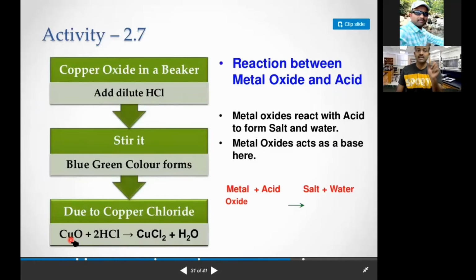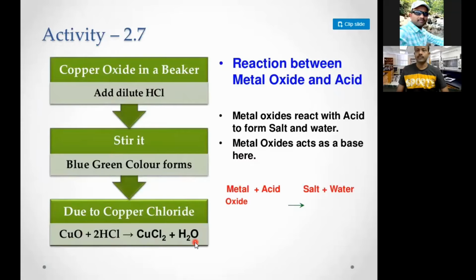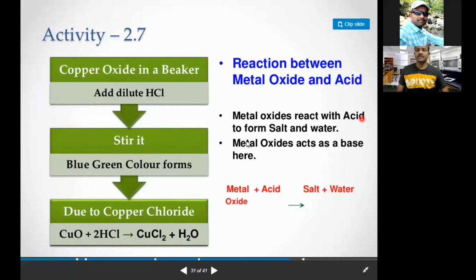Metal oxides are basic in nature. When it reacts with the acid, it gives CuCl2 plus water. So metal oxides react with acids to form salt and water. Metal oxides act as a base here.